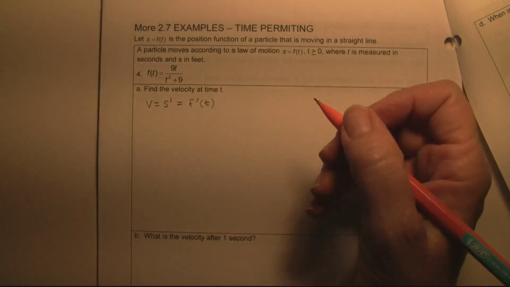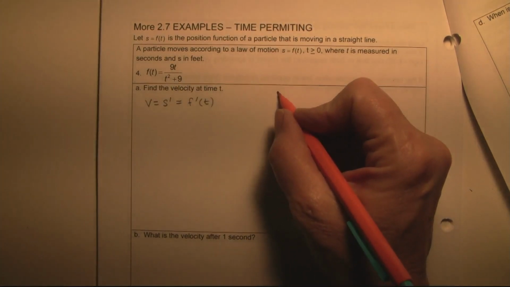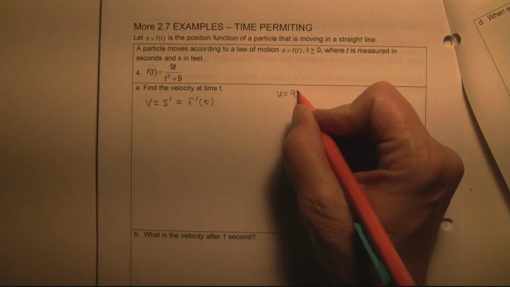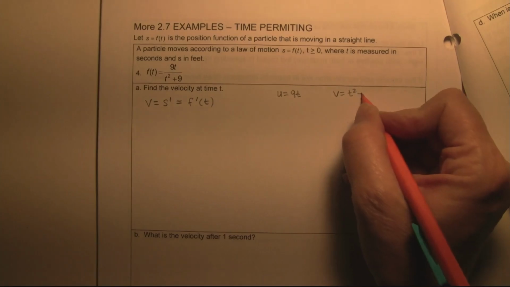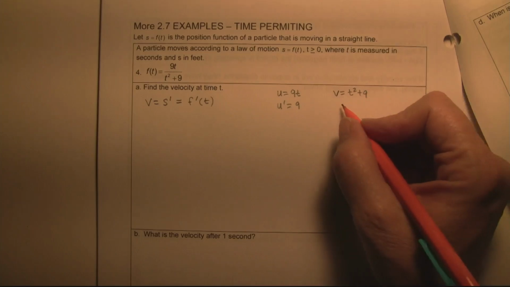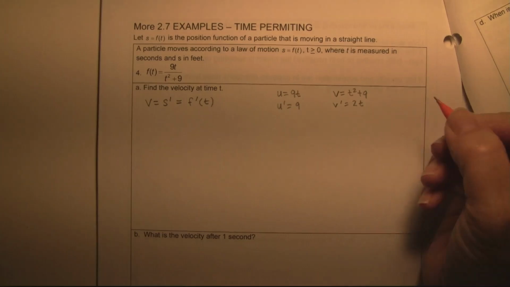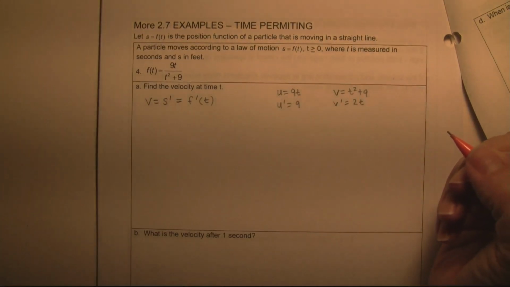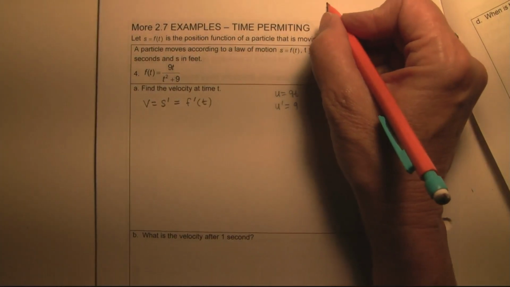And so I can't divide that, so I'm going to have to use the quotient rule. So u is 9t, v is t squared plus 9, u prime equals 9, and v prime equals 2t. People have been asking me what the quotient rule is, so I'll write the quotient rule out here.